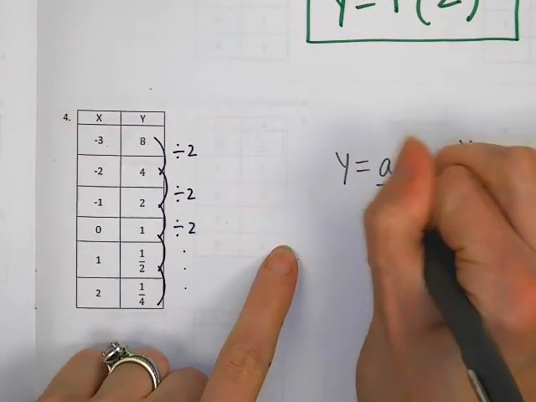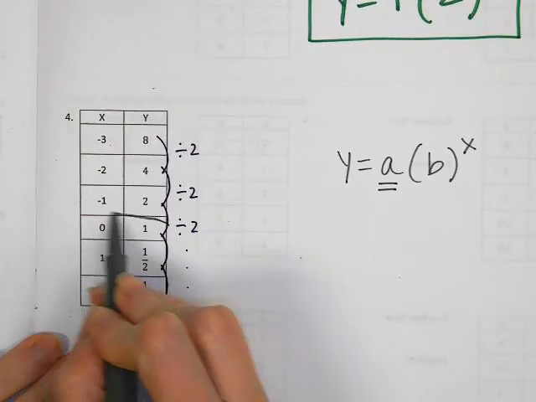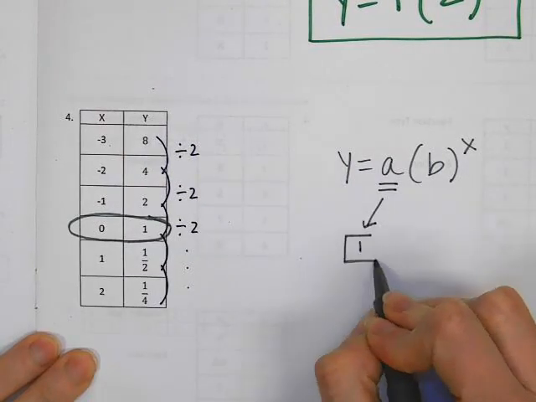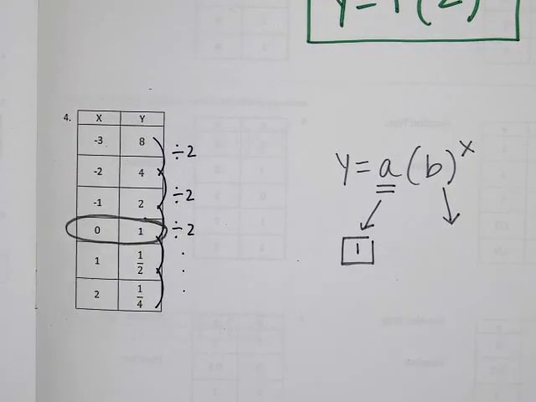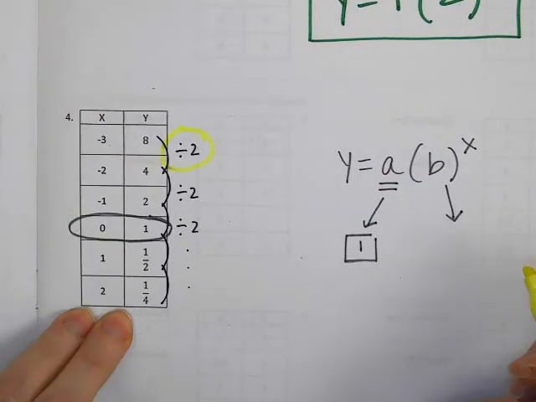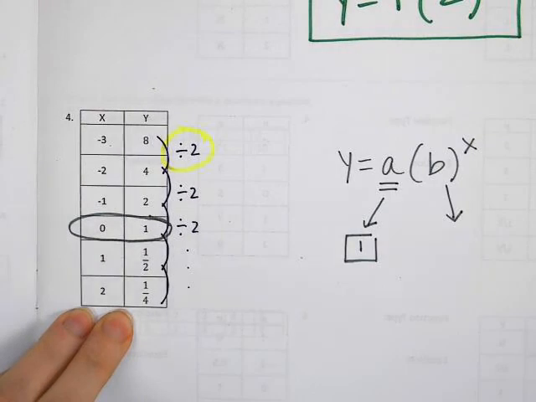A again is the starting point. So 0, 1. So a is 1. B is what you are multiplying by every time. But remember, guys, we did this before. If you're dividing by 2, what are you multiplying by?